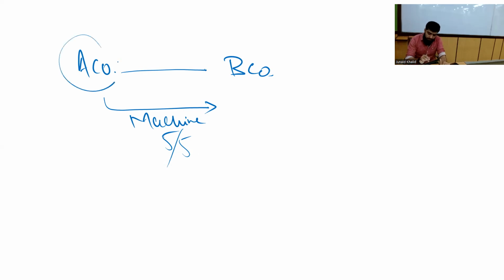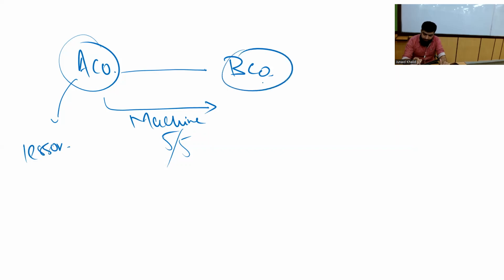It means A company will be known as the lessor, and B company will be known as the lessee. A company gives the right to use the asset to B company.